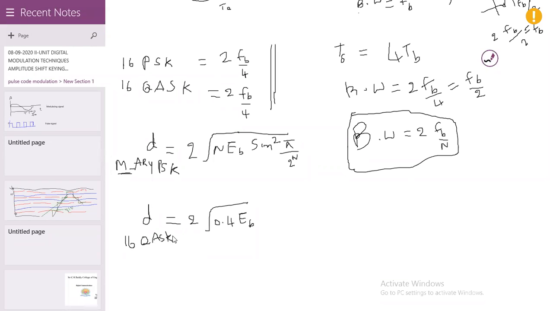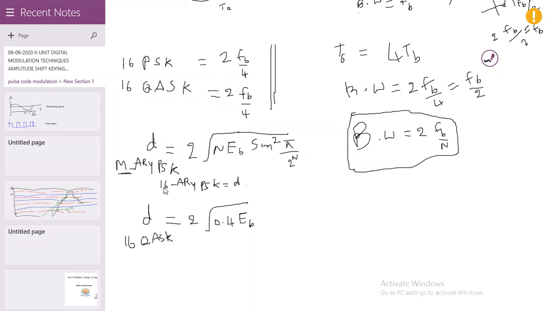Now here we can substitute this for 16 array PSK. What is the distance?